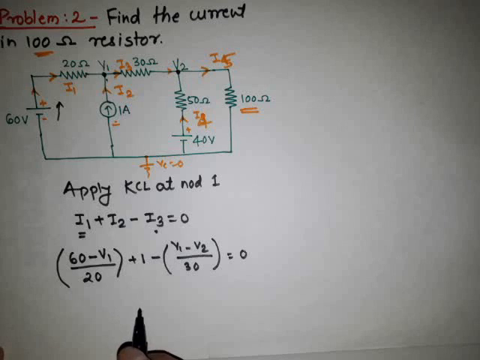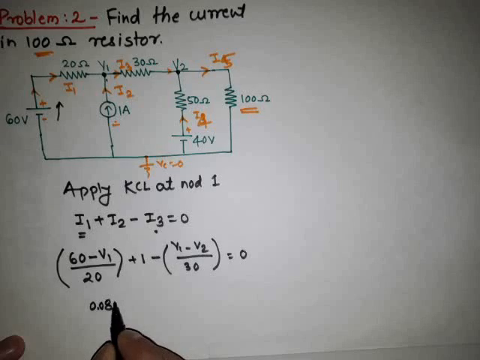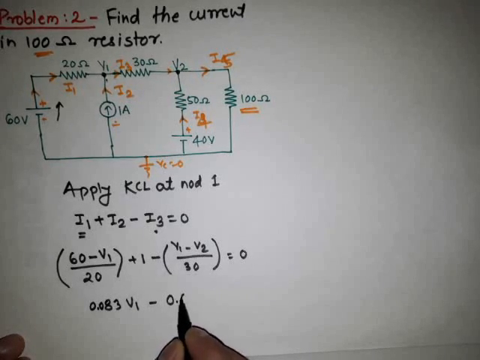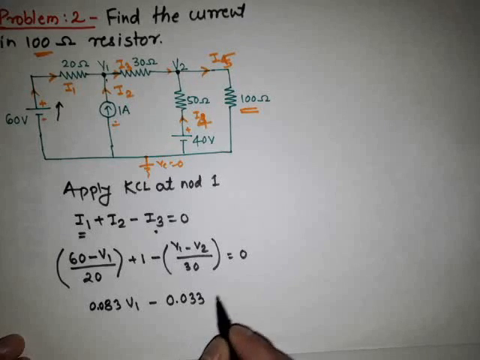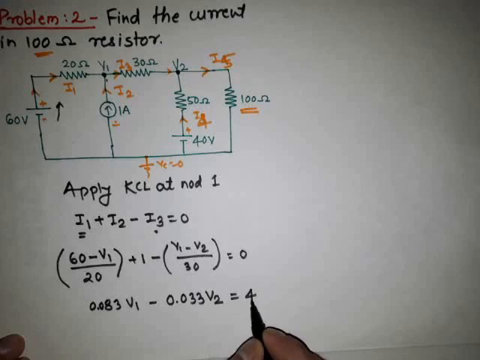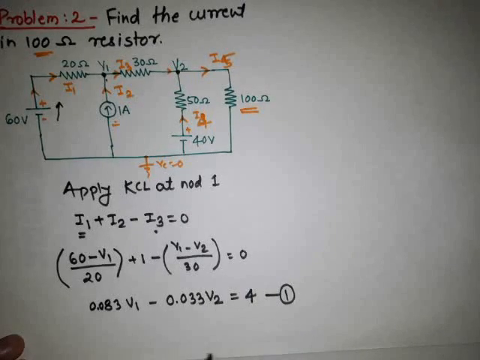By solving this equation, we get the final equation: 0.83 V1 minus 0.033 V2 equals 40. Suppose this is the first equation.